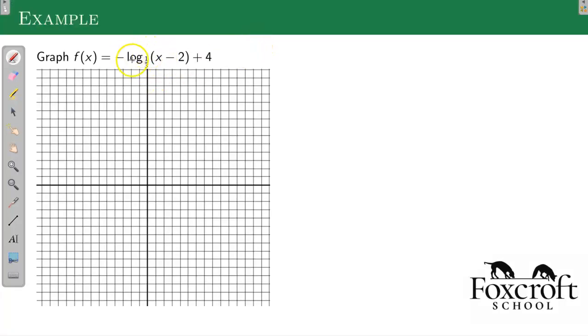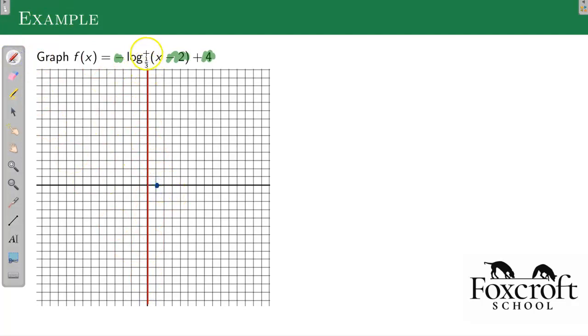All right, here we have negative log base 1/3 of x minus 2, plus 4. Again, kind of ignore everything except for the x at the start. So we're just going to graph log base 1/3 of x, put in our vertical asymptote, put in the point (1, 0).